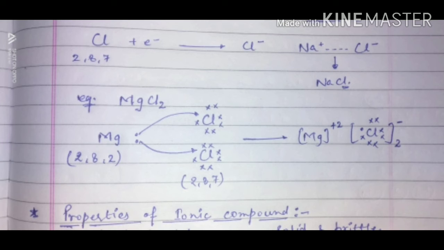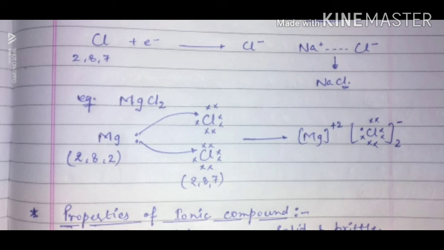So magnesium releases two electrons and one chlorine can gain one electron, so we require two chlorine atoms to make magnesium chloride.